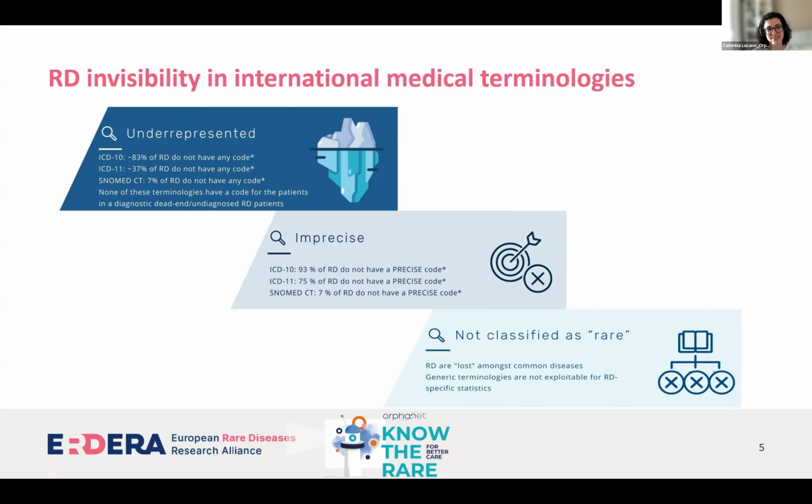So that is how the ICD-11 is structured. While if we look at SNOMED-CT, we do have an outstanding collaboration with SNOMED-CT in order for them to include more and more rare diseases, but still 7% of rare diseases do not have any code in SNOMED-CT.